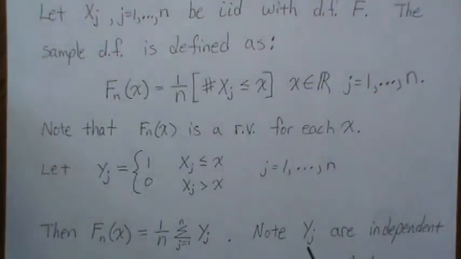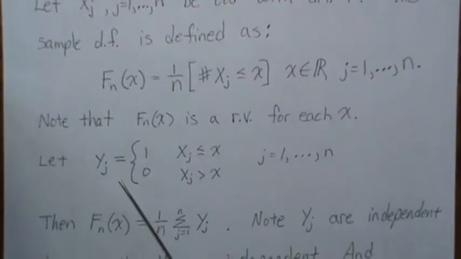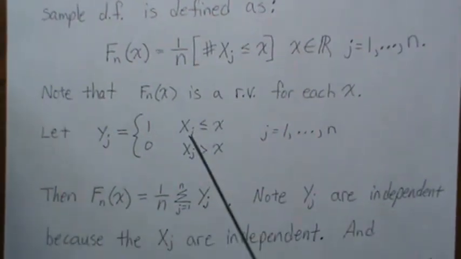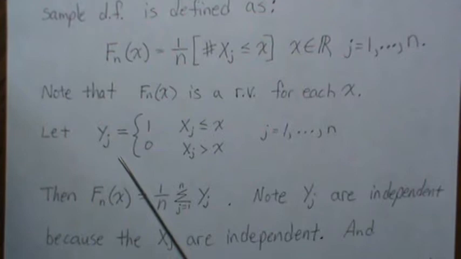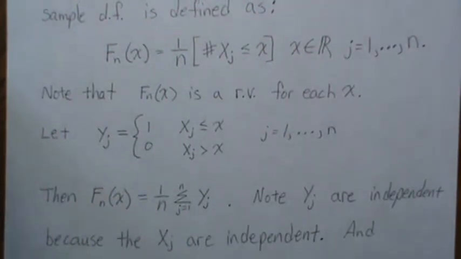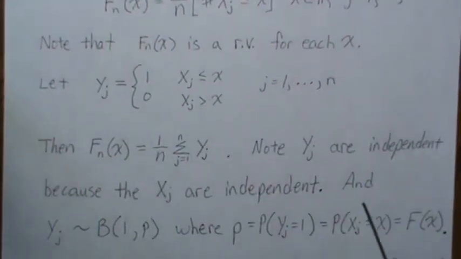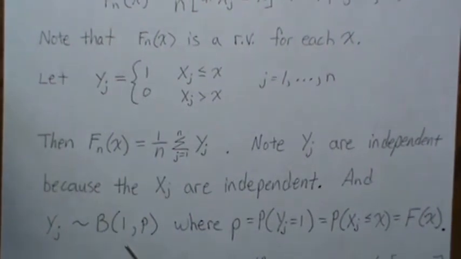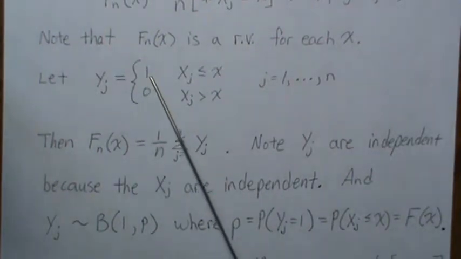So note that the y_j's are independent because the x_j's are independent. So these y_j's are IID, and specifically they're Bernoulli with some p, since we're only looking at one data point. Well, how do we calculate p? p is the probability of success, which is a 1, which is what this says.